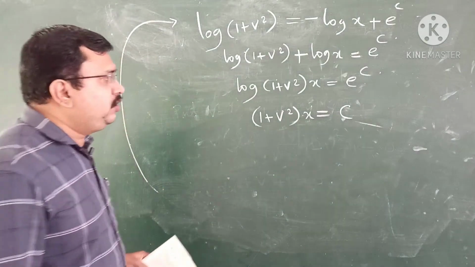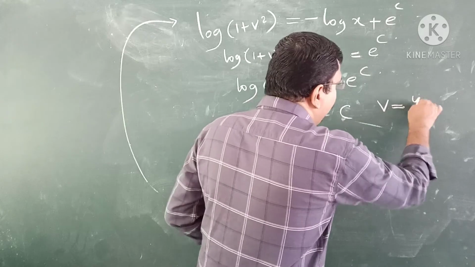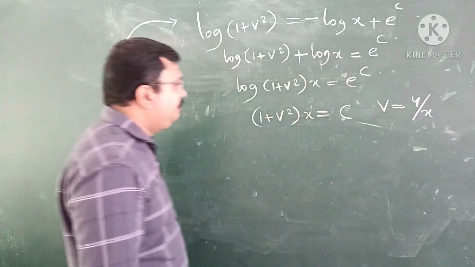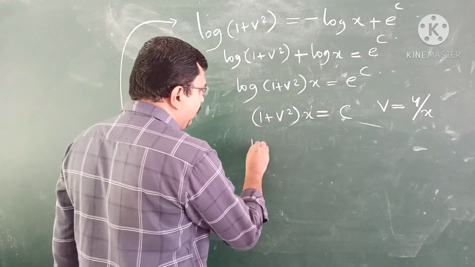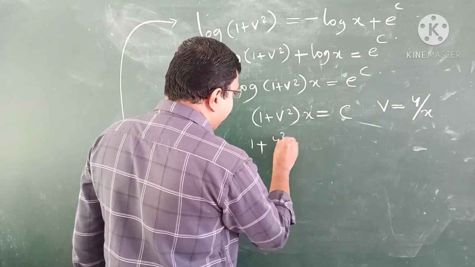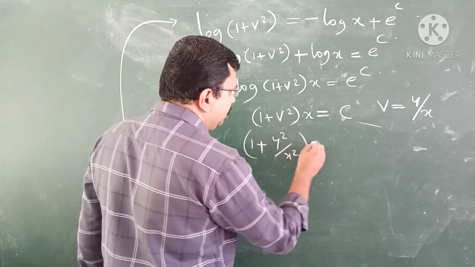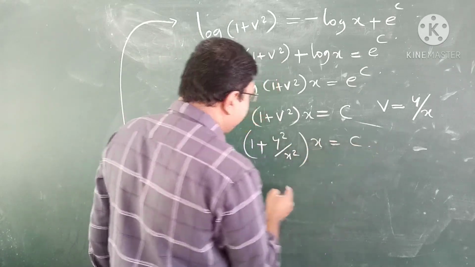Now what is our v? We know that v equal to y by x. Therefore, we are applying here 1 plus y square by x square, because v square is y square by x square, into x equal to c.